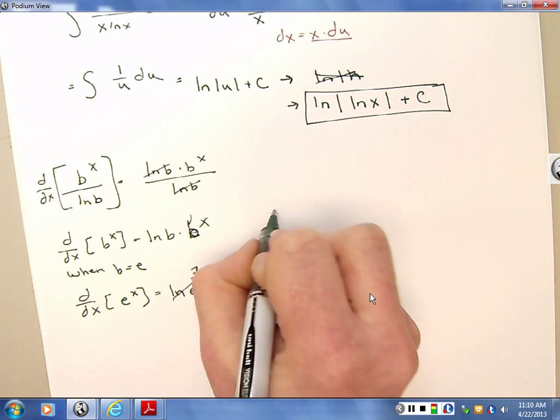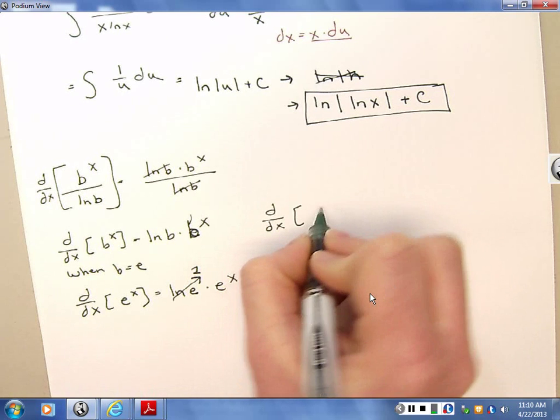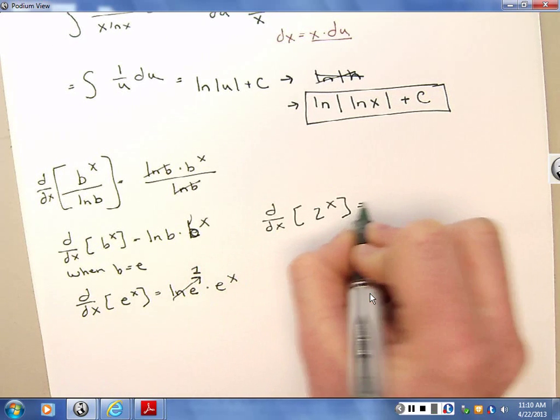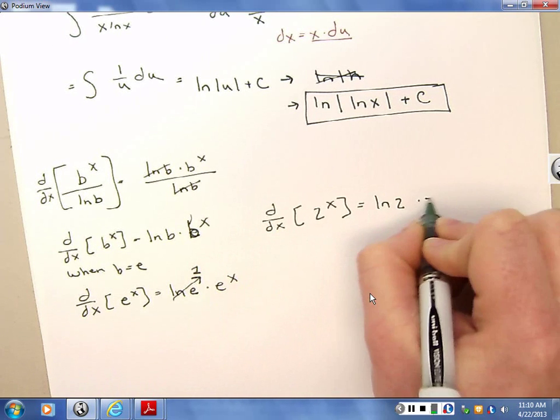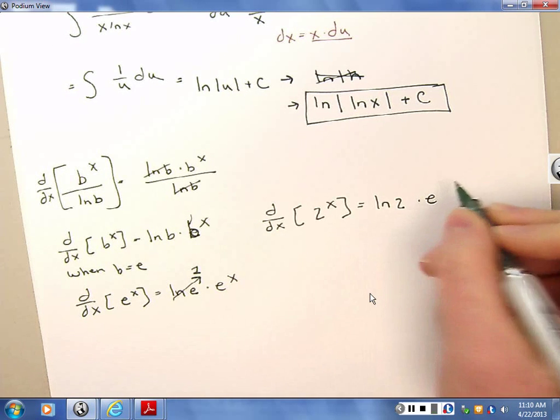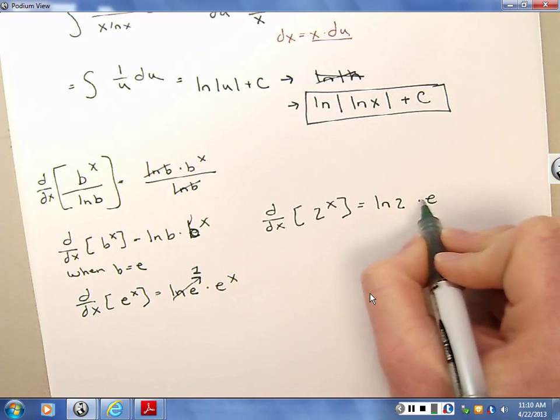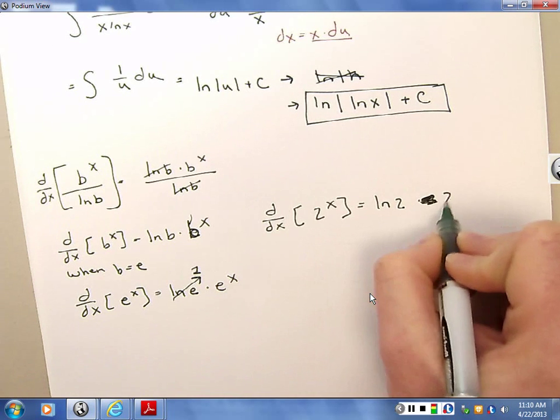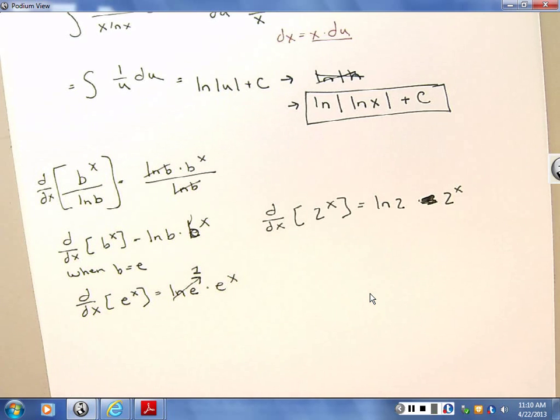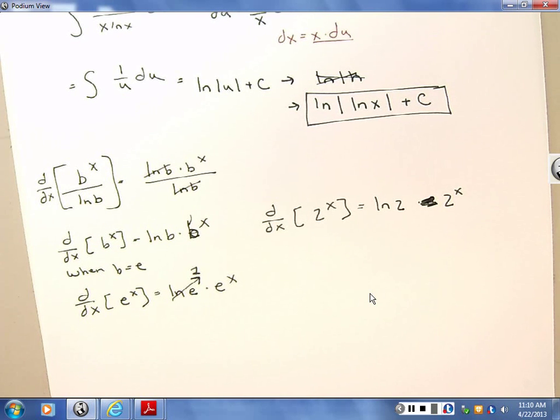But if I wanted to know the derivative with respect to x of 2 to the x, that's ln of 2 times 2 to the x. So they're using this in terms of e to the x. The derivative of e to the x is e to the x. The derivative of anything else to the x is ln of that anything times that anything to the x.